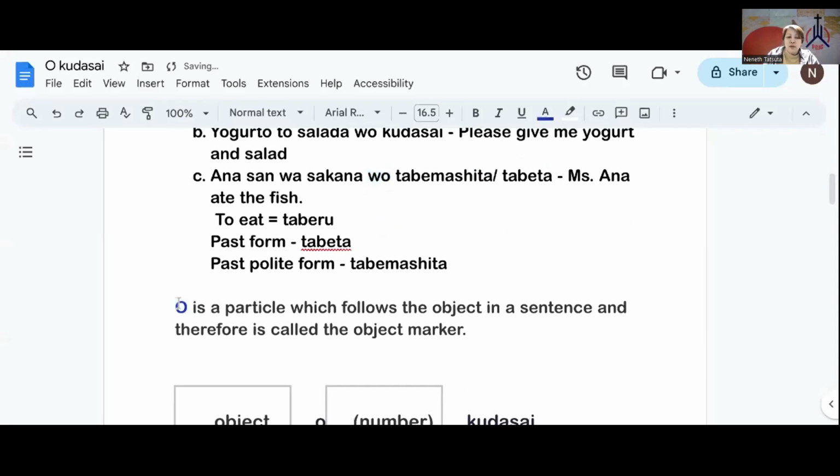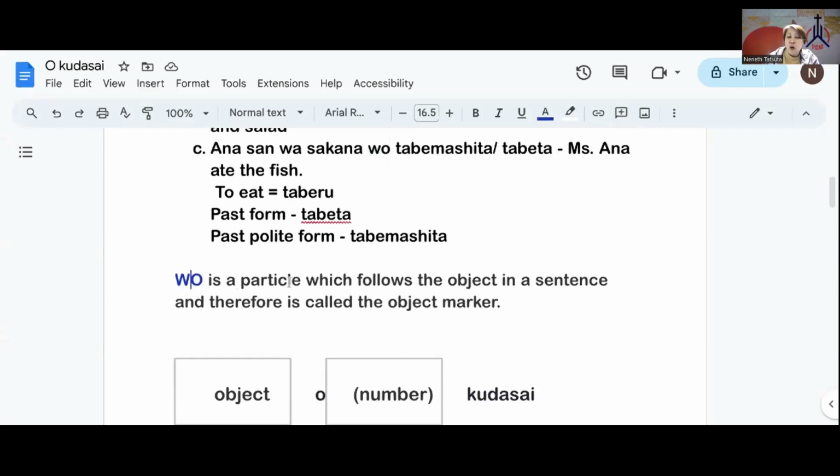This is wo. Although we pronounce this as o, the word o. The wo here, or o, is a particle which follows the object in a sentence, and we call this your object marker.